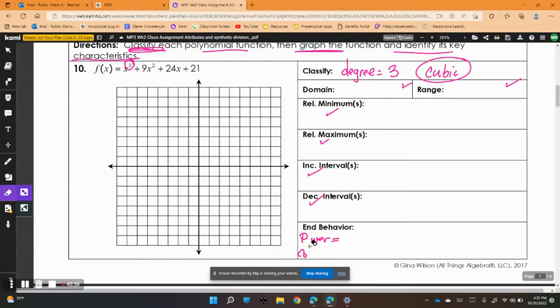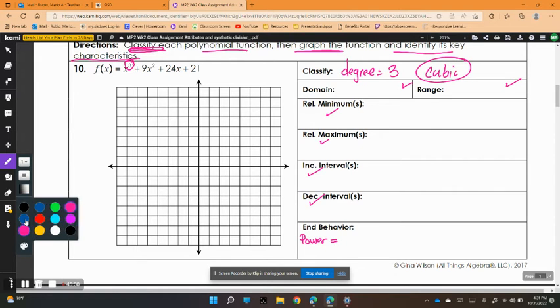We need to look at the power and the coefficient for this one. This one's easy. We just did them. What's our power? Well, we see it right here. Our biggest power is 3, and 3 is an odd number.